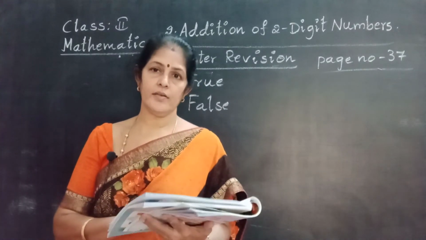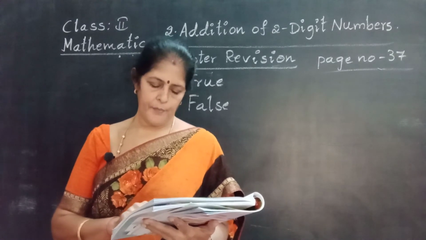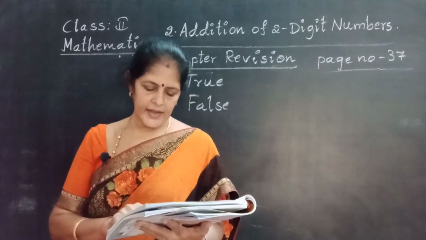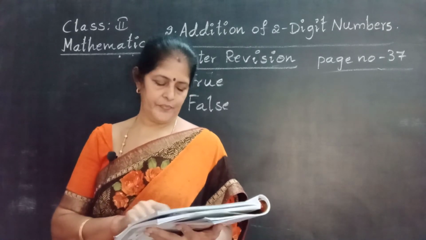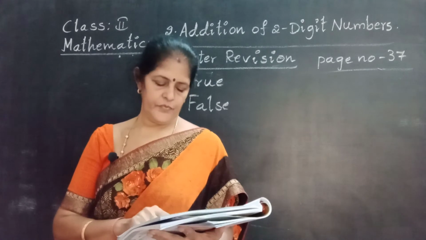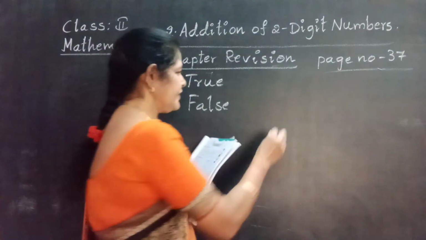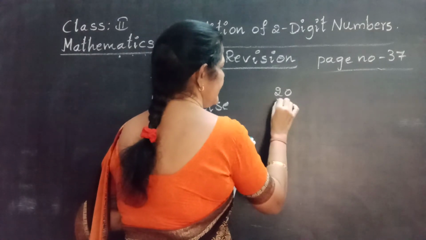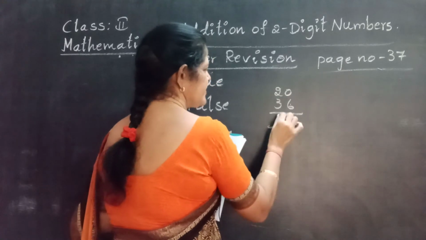See in the textbook? The number name for the sum of 30 and 36 is 56. What are the numbers? 30 and 36. 0 plus 6, 6. 3 plus 3, 6.